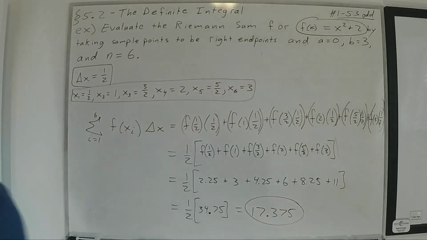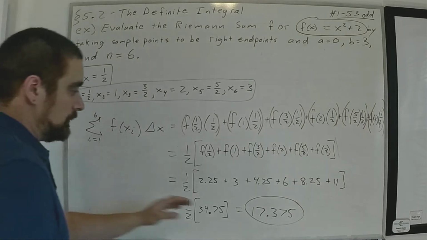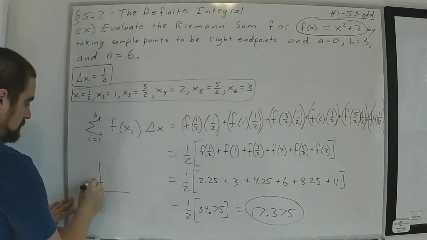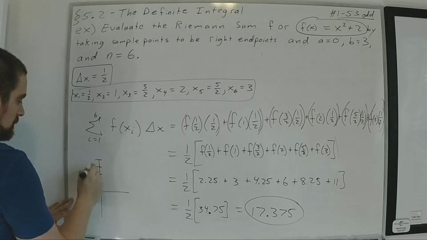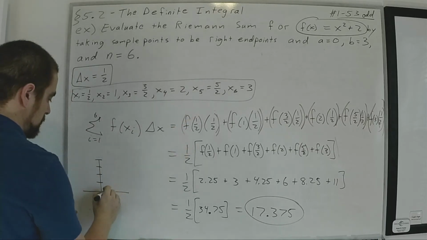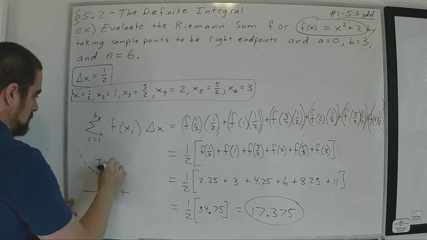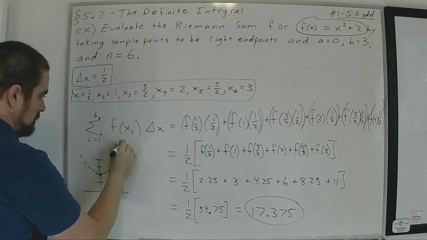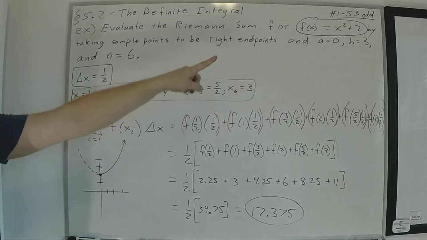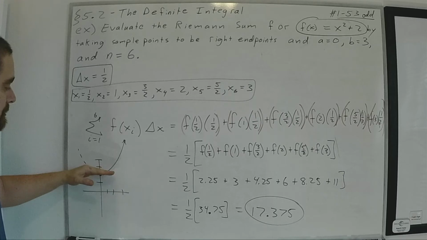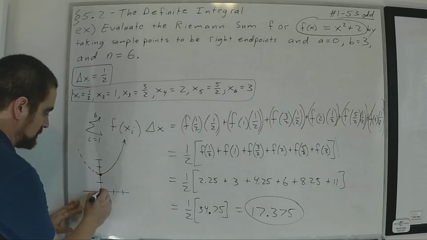Now again, when we look at this in terms of the function we were asked to use, we wanted to go from 1 to 3 of this function, f of x equals x squared plus 2. So we're living above this x-axis here.